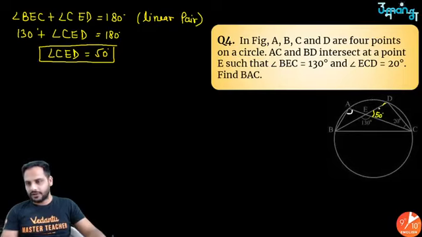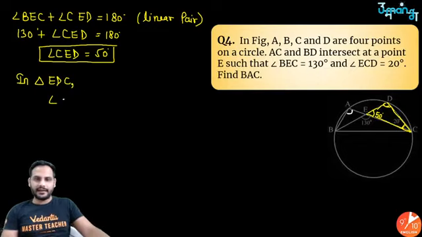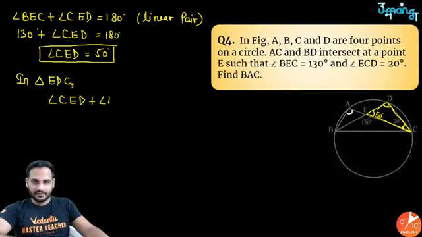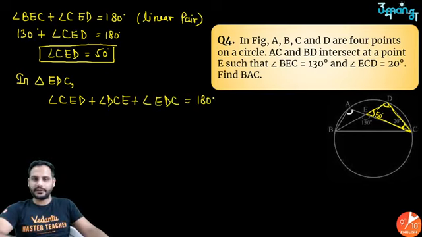Now if I talk about this triangle EDC, in this triangle, one angle is 50, one angle is 20. I can easily get the third angle. So I can say, sir, in triangle EDC, we have angle CED plus angle DCE plus angle EDC is equal to 180 degrees.